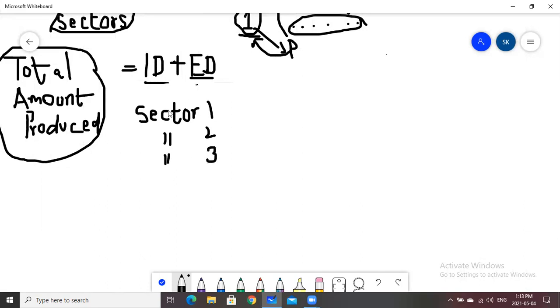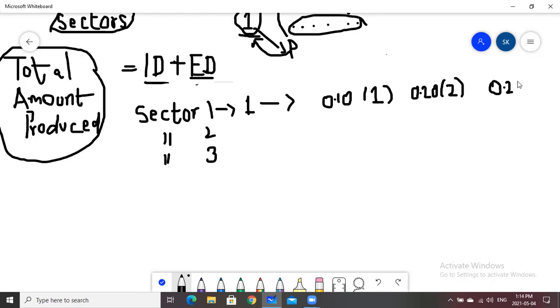For sector 1 to produce 1 unit of output, it requires 0.10 units of product 1, 0.20 units of product 2, and 0.25 units of product 3.